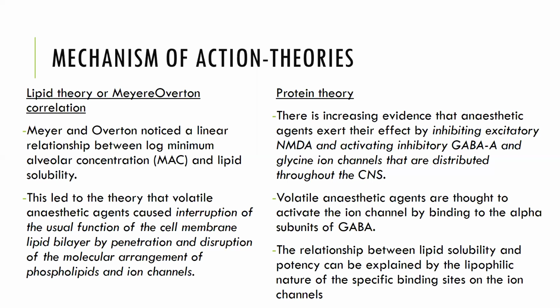There's what we call the unitary theory, which tries to put the two together. But suffice to know that these two theories do have their basis, but we now know that volatile anesthetic agents actually act by activating the inhibitory pathway of the GABA-A receptors and the glycine ion channels. These are distributed throughout the CNS, and that's how they exert their anesthetic effect.